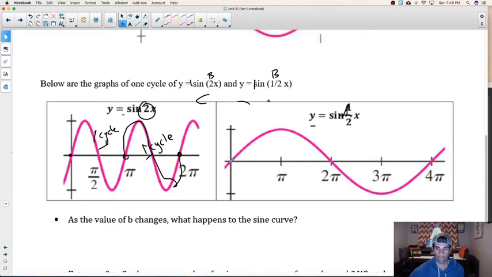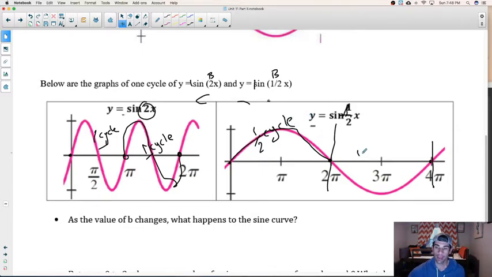Here, from 0 to 2 pi, because that's what we've been looking at, it goes up, and then it stops right there. To complete a sine curve, to go down and back up, it took all the way to 4 pi to get there. So from 0 to 2 pi, it only completed half of its cycle.